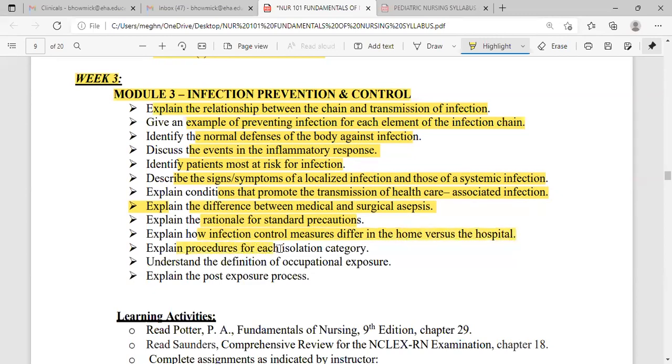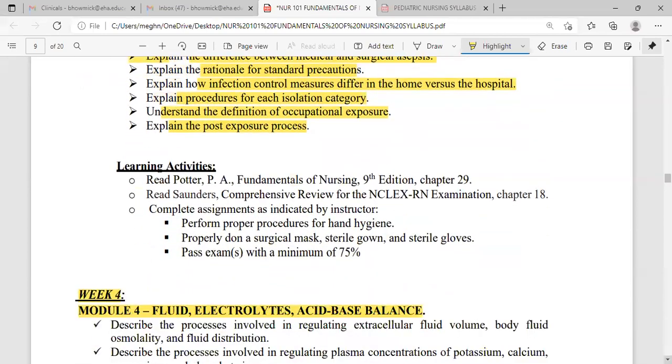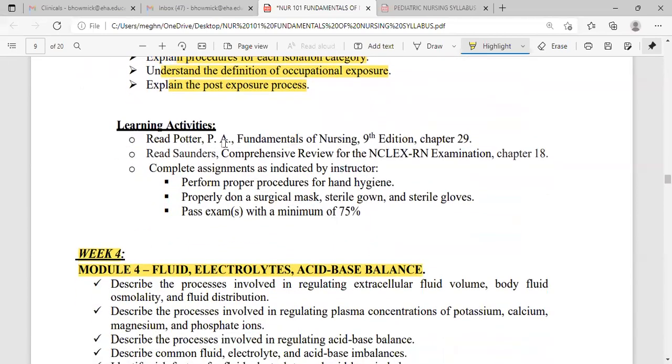Explain the procedure for each isolation category, understand the definition of occupational exposure, and also explain the post-exposure process. So this is the topic we will talk about during week 3. Same as the learning materials: book, Fundamentals of Nursing, comprehensive review, and passing exam at least 75%.